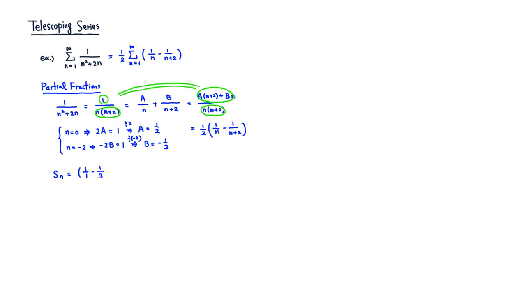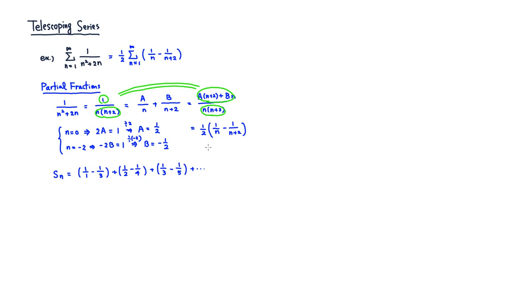Next term is n equals 2: 1 over 2 minus 1 over 4. Then the next term is 1 over 3 minus 1 over 5, and so on.